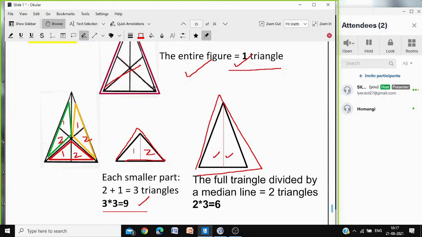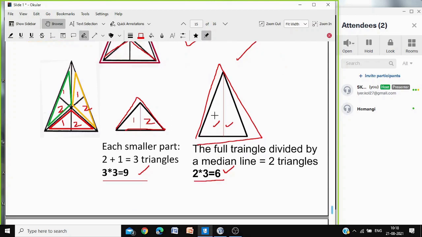And if you divide like this, then also you will get 2. So 2, 2, 2, you will get 6 triangles. Ideally you must be getting 3 triangles, but don't take the whole triangle which you have already counted. Otherwise you will be counting the same thing again and again. So only 2 triangles for this median, for this line 2 triangles and for this line 2 triangles.